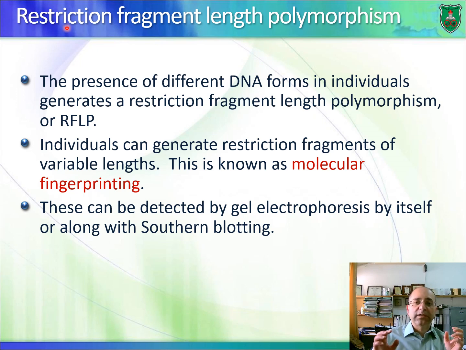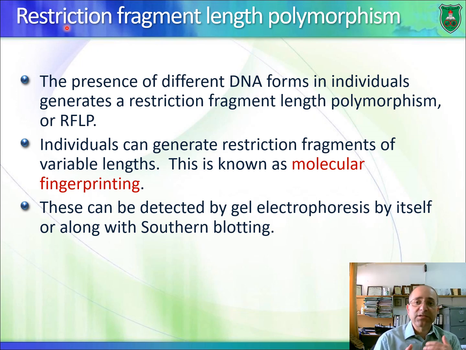Okay, so let's say that I take DNA from 2 individuals and I add a restriction endonuclease to the first person's DNA, and the same restriction endonuclease is added to the DNA of the second person. The restriction endonuclease would generate fragments of different lengths, because there are subtle differences in the DNA sequences between the DNA of the 2 individuals.